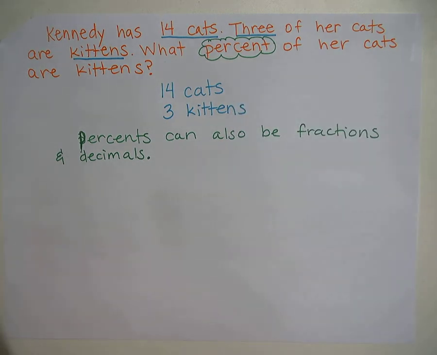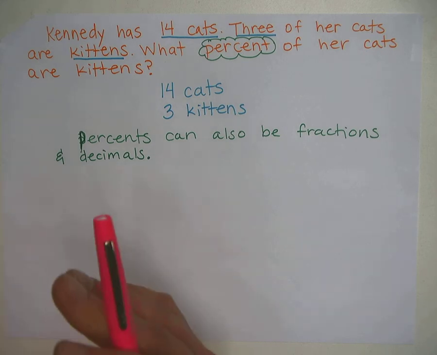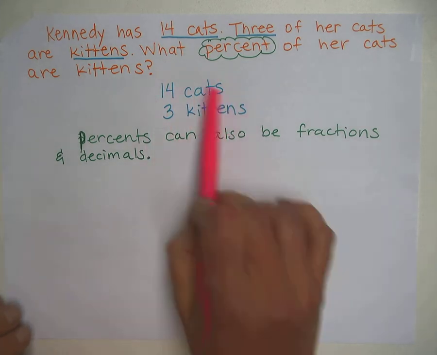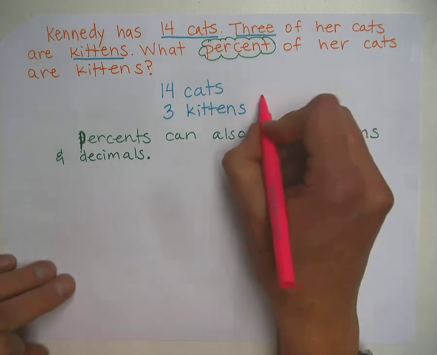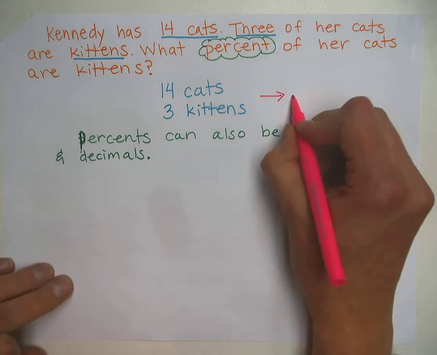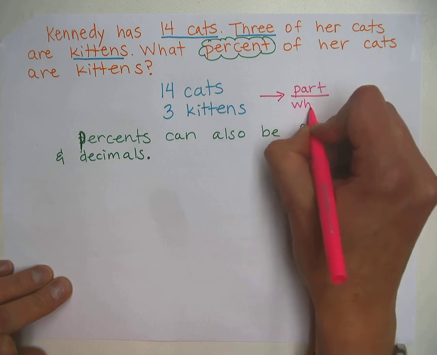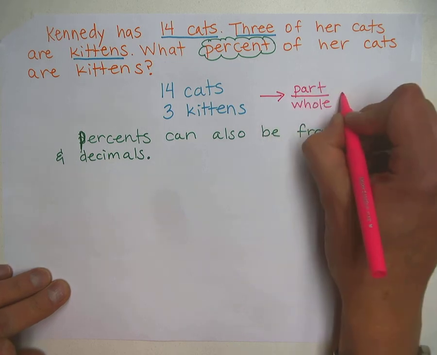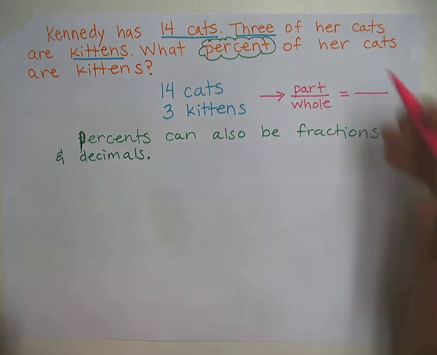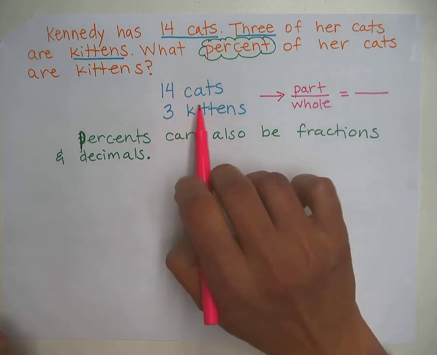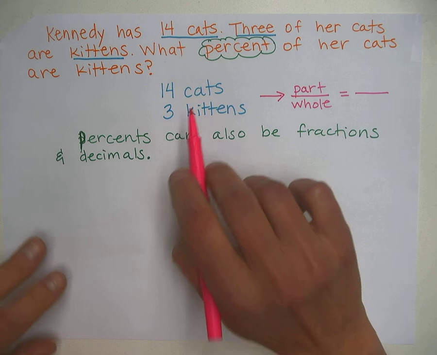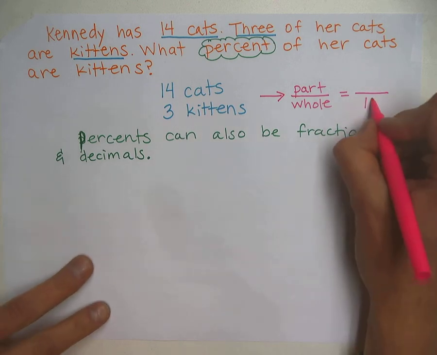So 14 cats is what she has all together. She has 14 cats all together. So I know that when I write a fraction, I write it as a part to whole. And I know that the whole number of cats, all of her cats, she has 14 cats.